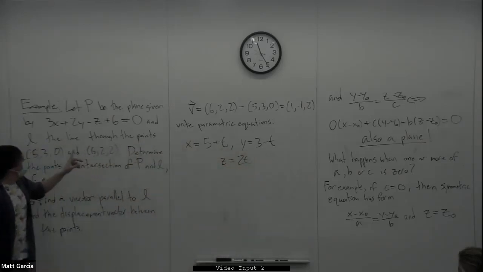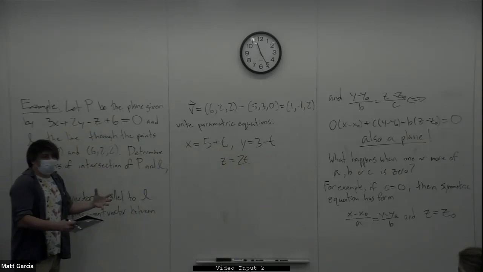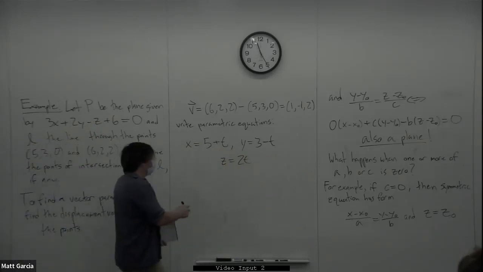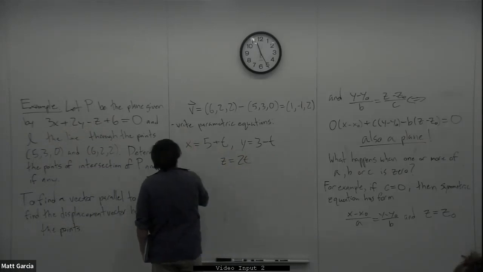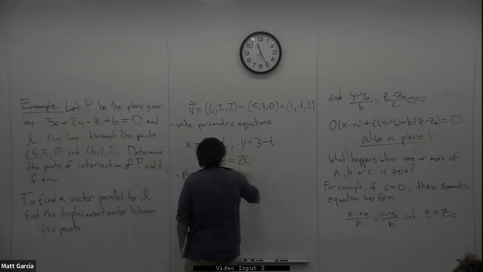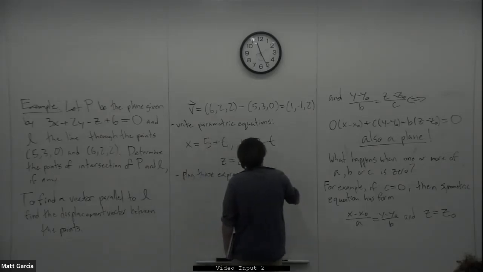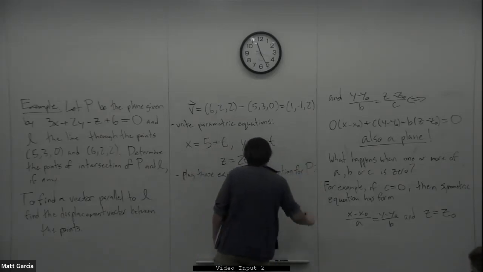Therefore, if I plug in my expressions for x, y, and z into the equation for the plane, I'll have a single variable and I can solve for t. Okay. So, plug expressions into the equation for the plane P.